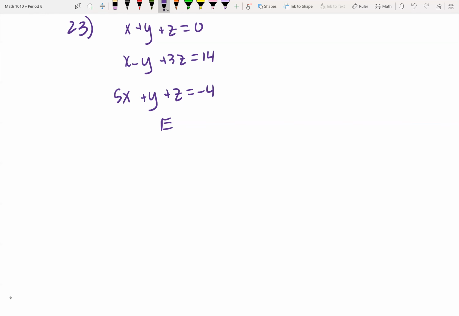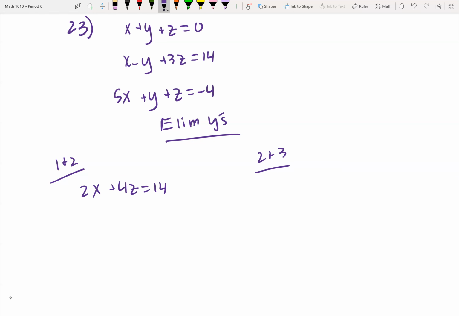So for sure the easiest thing to eliminate is going to be the y's. So if I added equations 1 and 2 together right now, I'd get 2x, the y's would go away, plus 4z equals 14. If I took equations 2 and 3 and added those together, the y's would go away as well. So I'd have 6x plus 4z is equal to 10.